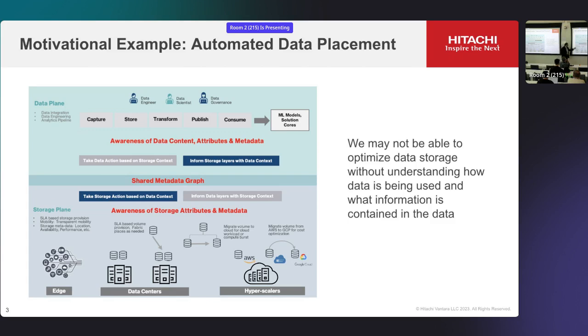Now, the problem, of course, is that my colleagues on the storage side don't really work with knowledge graphs, right? So we need to make it very easy for them to contribute and define their own entities and relationships and properties. And they are the domain experts, right? I know very little about the properties of a storage volume, for instance.